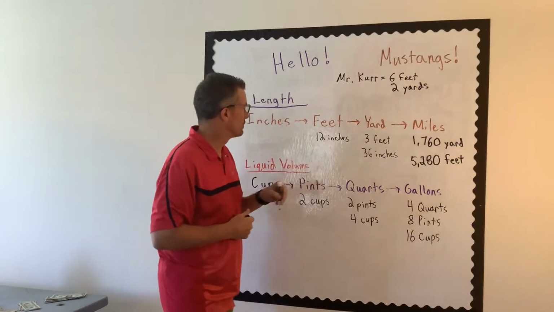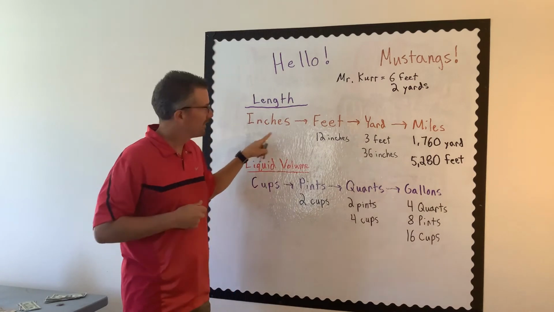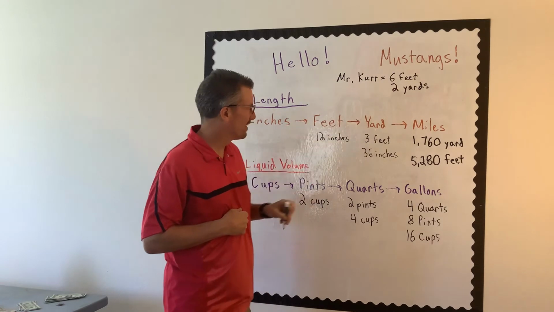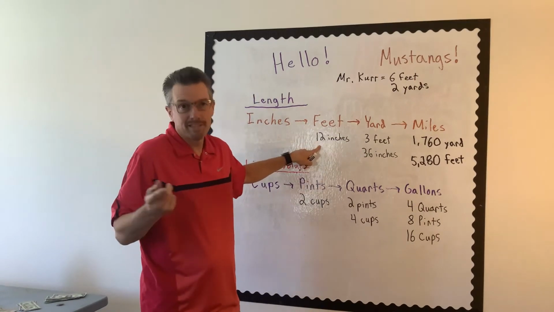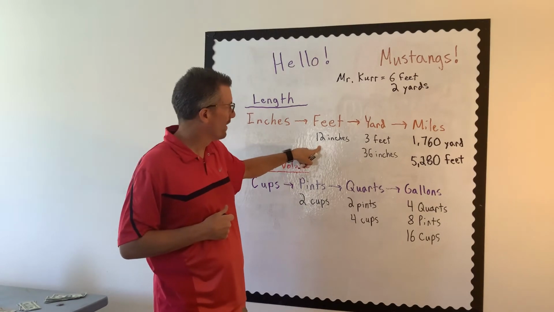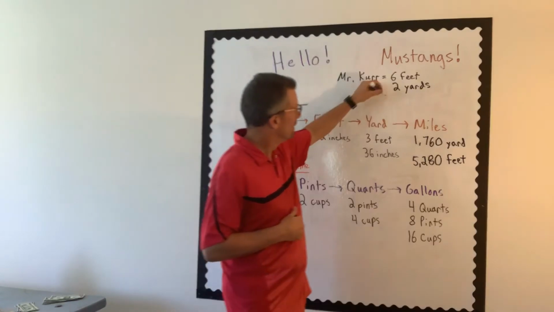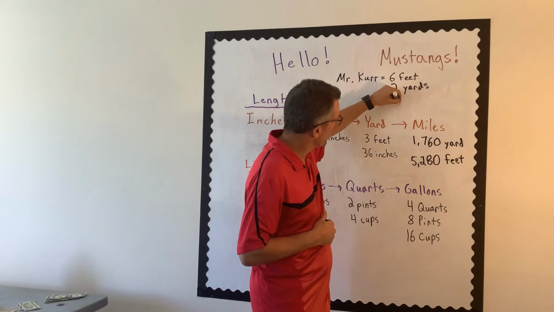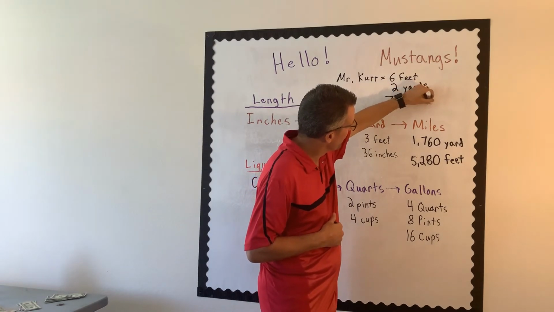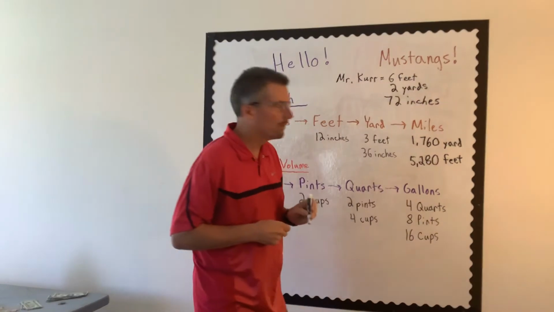How many inches would I be? There are 12 inches in a foot, and I am 6 of those. So we could skip count by 12 6 times, or we could do 12 times 6. I hear a bunch of my really impressive 4th graders out there yelling at me. That's 72.